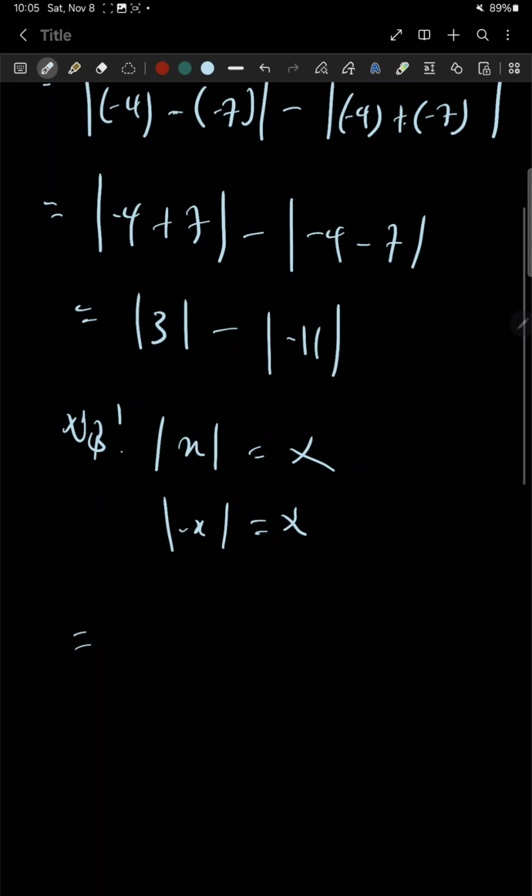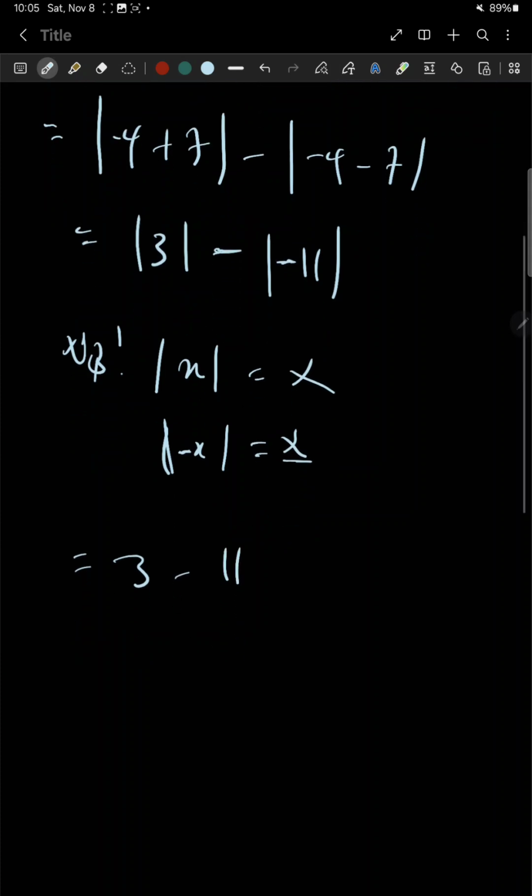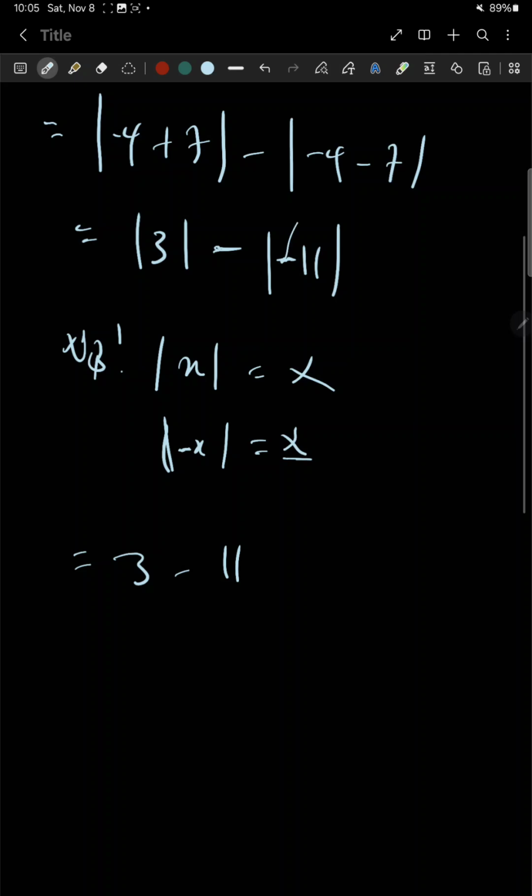So what is the absolute value of 3? It is just 3. Then what's the absolute value of -11? When a negative number is inside the modulus, the answer will be positive. So minus, of course, this negative, then 11. The negative will just disappear, then it will be positive 11, and the answer here will be -8. That's the answer.